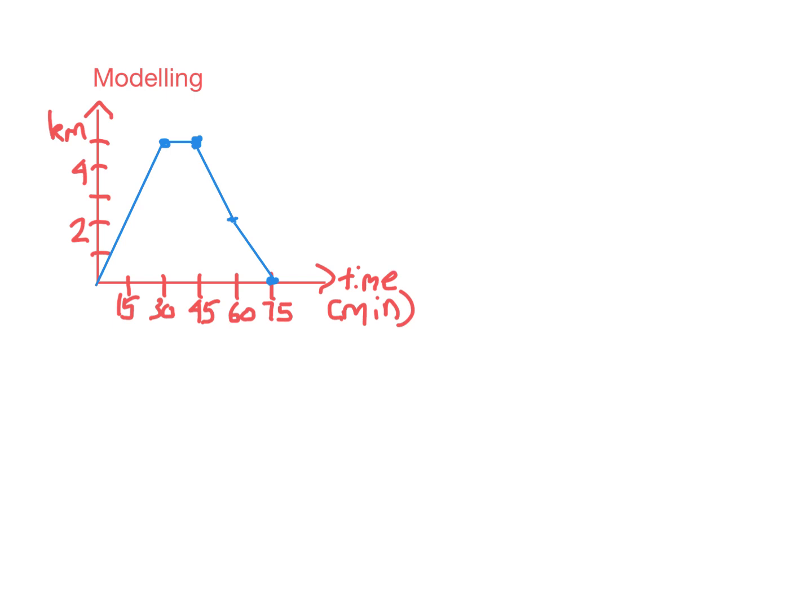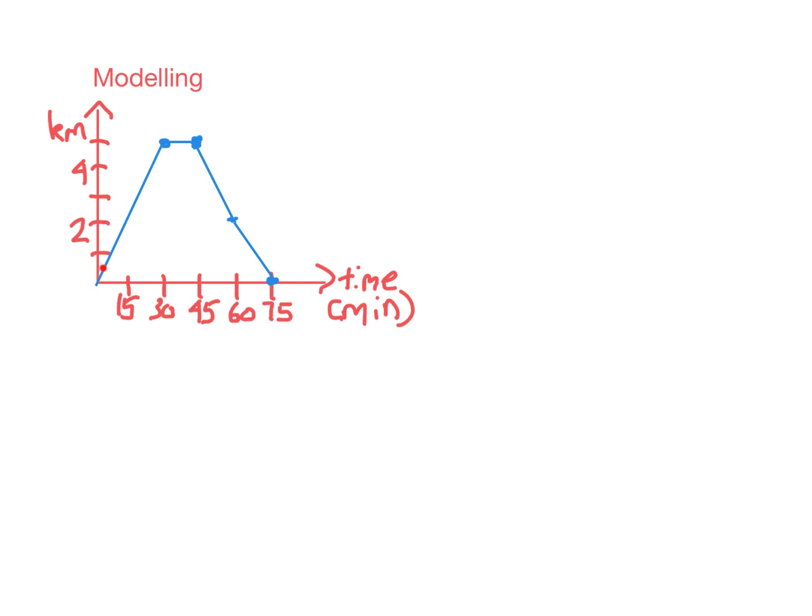An example would be a distance time graph, so called because we have distance along the y-axis, time along the x-axis. This is the distance time graph for a run I went on this morning. So let's look at what happened. I started here, obviously after 0 minutes, I hadn't run any kilometers at all.